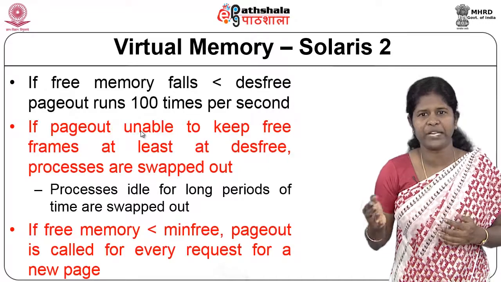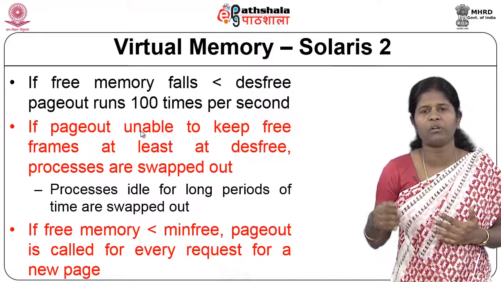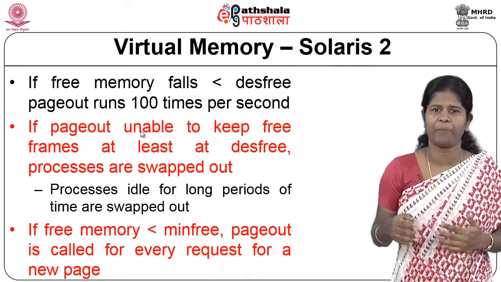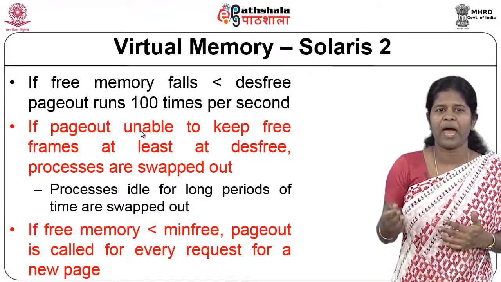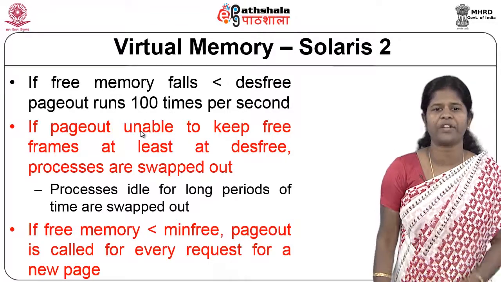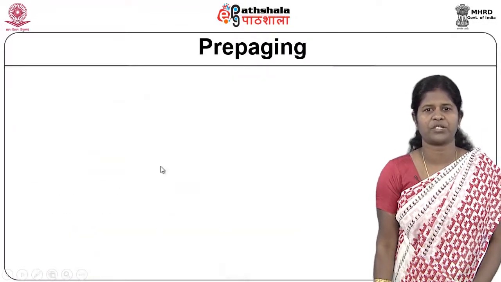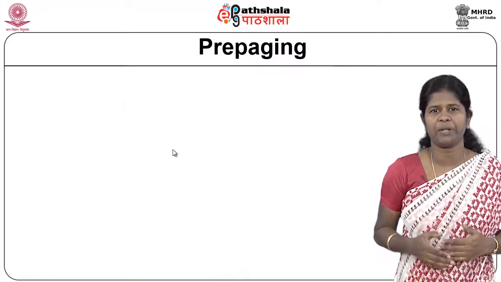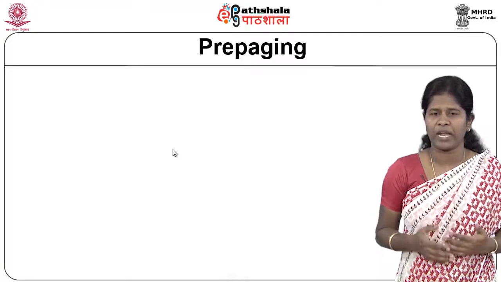If it is lotsfree, scanning will happen at 4 times per second. If it is desfree, scanning will happen at 100 times per second, and if it is less than minfree, pageout will happen for each and every request for a new page. So, that is how virtual memory is implemented in Solaris 2.